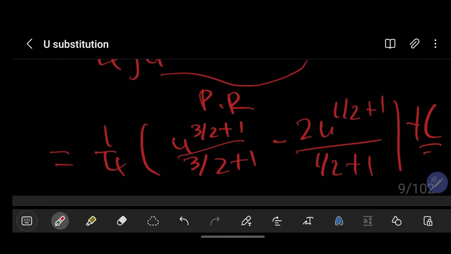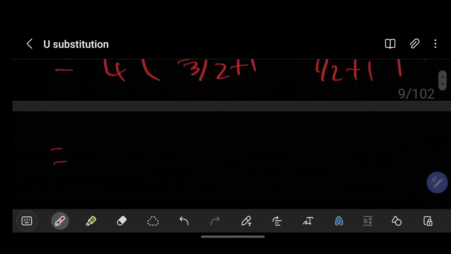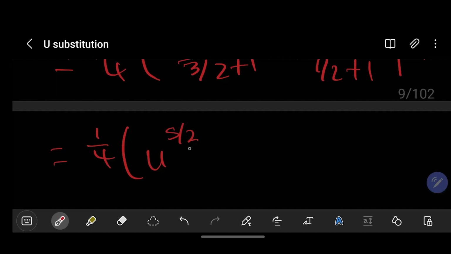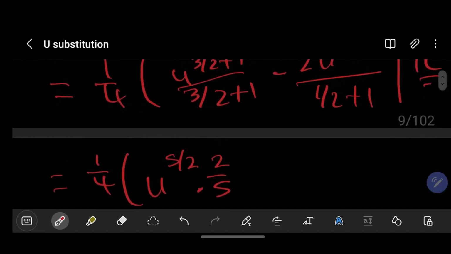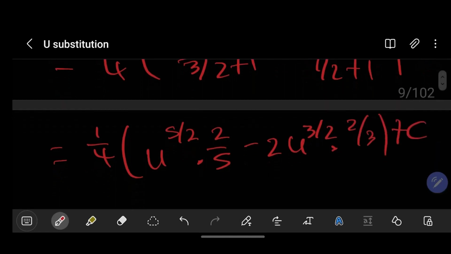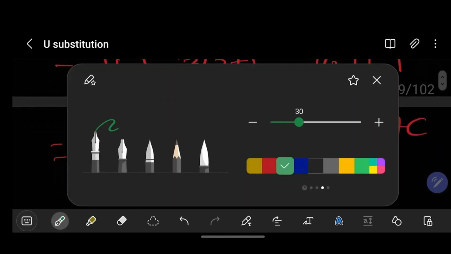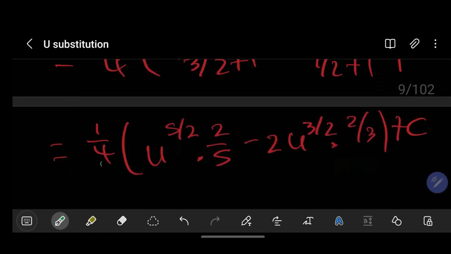So taking this further and solving it, we'll now get this as 1 by 4 into u to the 5 by 2 multiplied by 2 by 5, minus 2 u to the 3 by 2 multiplied by 2 by 3 plus c. So we need to simplify this, so we can now take the 1 by 4 and multiply that out there and there.